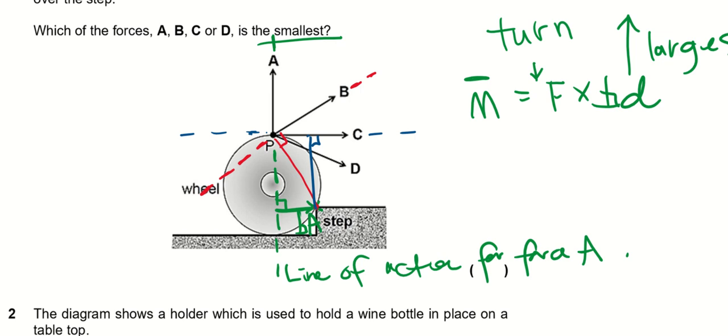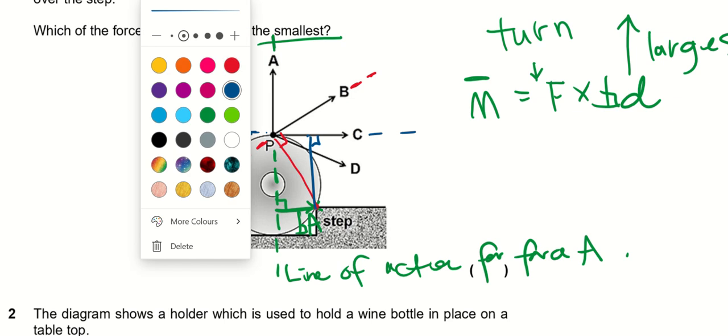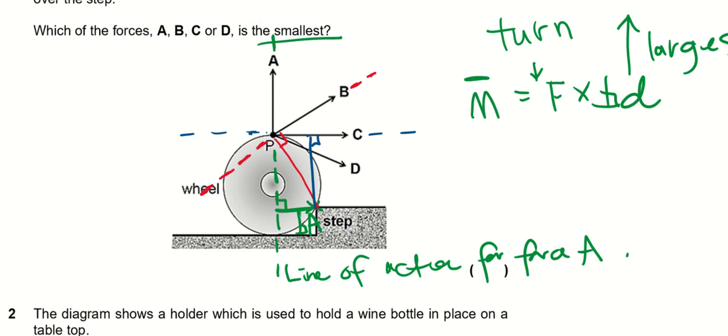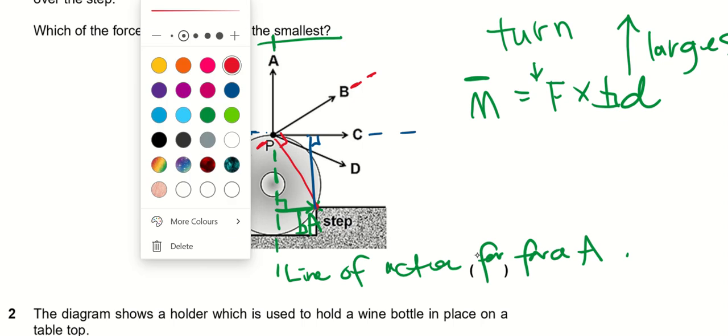For the red one, which is this line over here, it is so far the largest. For C, it is a vertical height, but the red perpendicular distance is going to be the largest. Let's do D, then we can come to an answer.